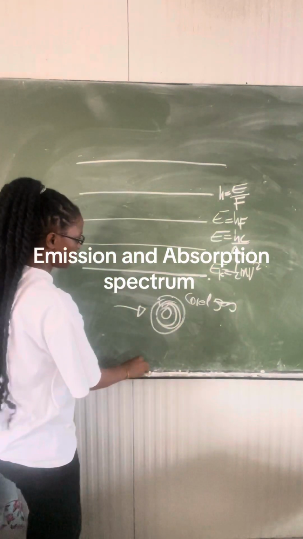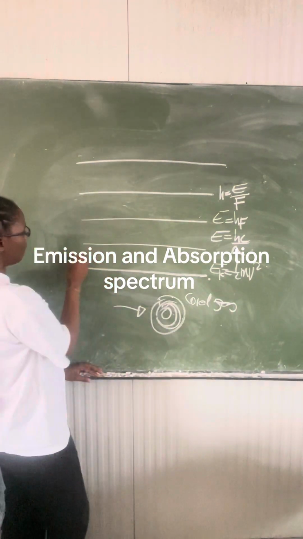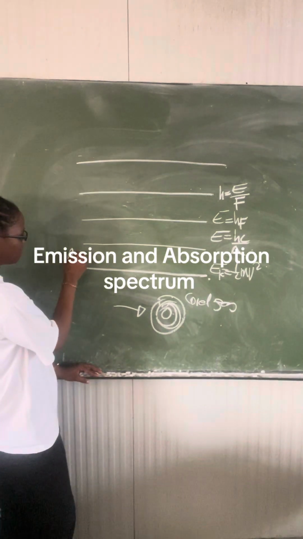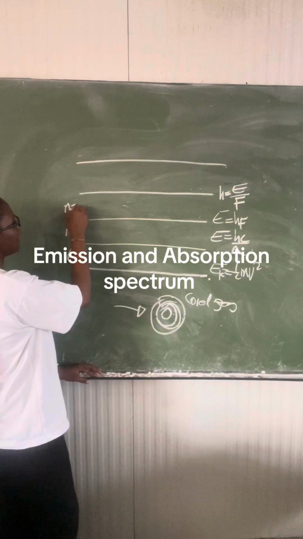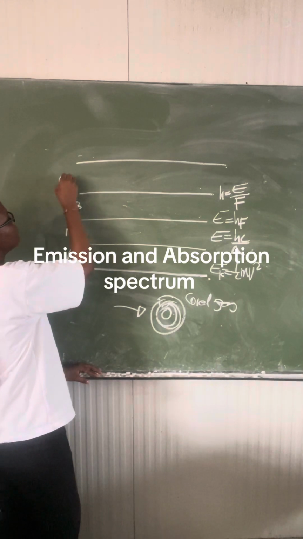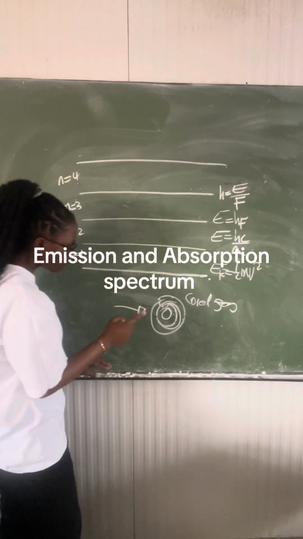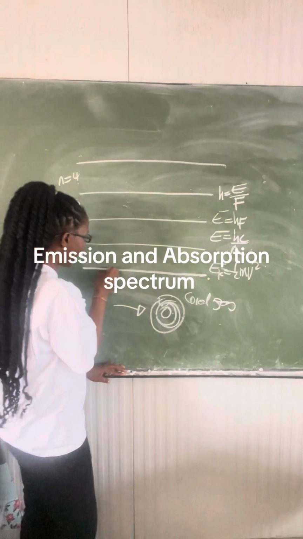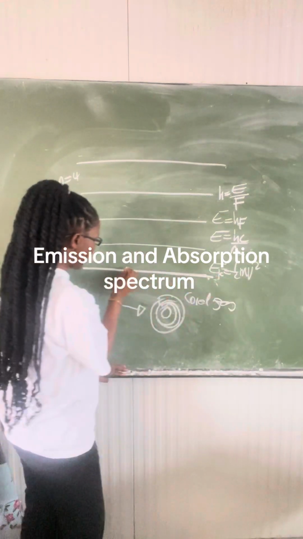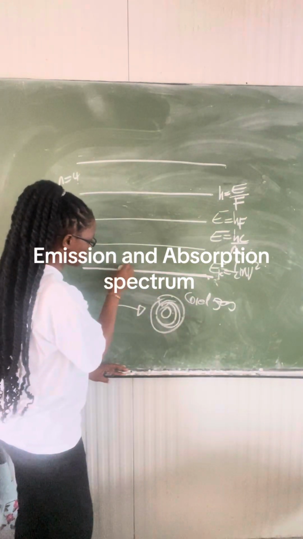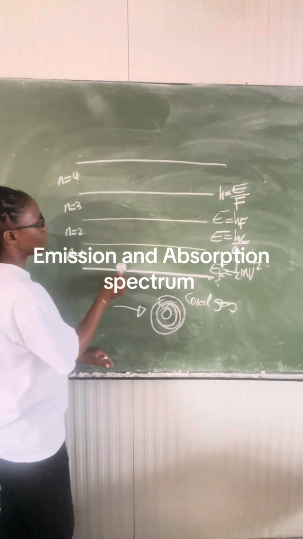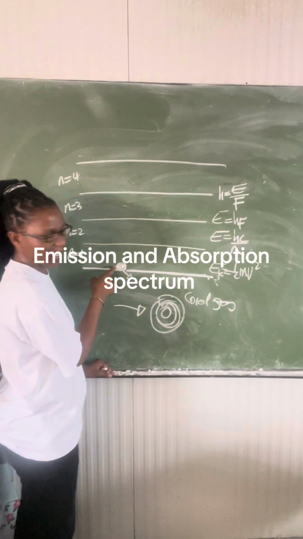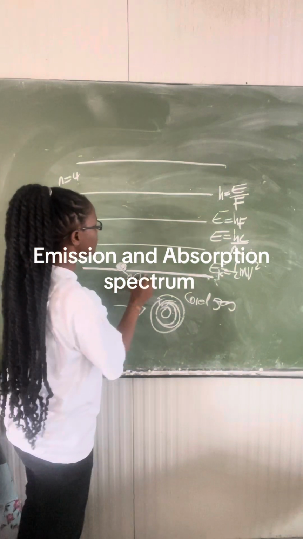So what will happen? Electrons move on energy levels. We have energy level 1, energy level 2, energy level 3, and energy level 4. Here we place the electrons. At this point where the electron is, it is called the ground state.